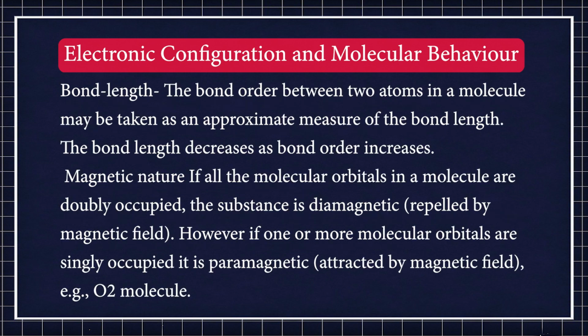Bond length. Dear children, the bond order between two atoms in a molecule may be taken as an approximate measure of the bond length. The bond length decreases as bond order increases. Magnetic nature. If all the molecular orbitals in a molecule are doubly occupied, the substance is called diamagnetic, repelled by a magnetic field.